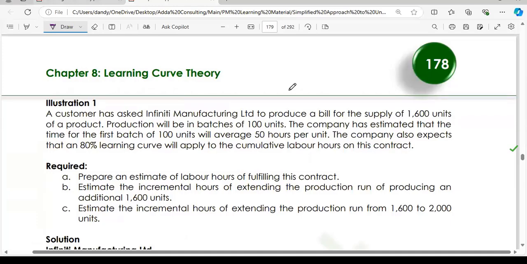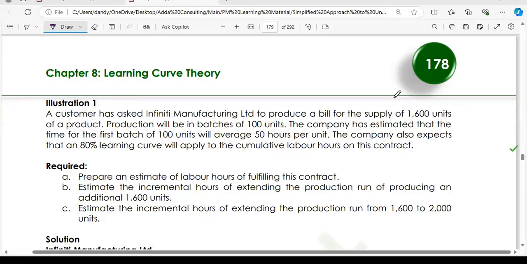A customer has asked Infinity Manufacturing Limited to produce a bill for the supply of 1,600 units of a product.